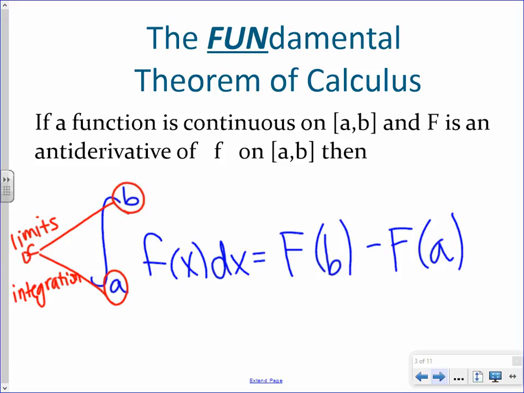That is what separates a definite integral from an indefinite integral. A definite integral has those limits of integration. So for a definite integral, we take the antiderivative and we plug in b minus we plug in a, and we get a value. That represents the area under that curve.